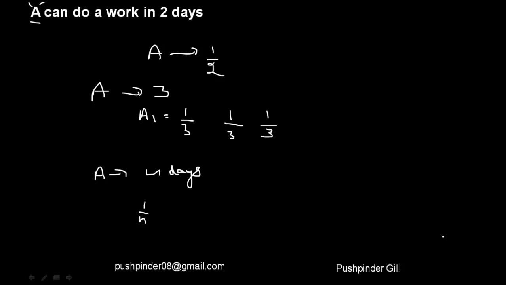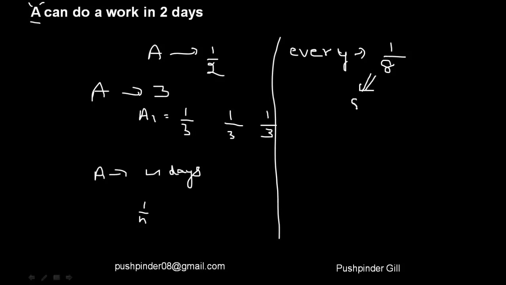You can also take it the other way around: if every day A finishes 1/8 of the work, that means it is going to take 8 days for A to finish all the work. So I hope this terminology is clear: if A can do a work in n days, he'll finish 1/n of the work every day in terms of fractions, and if A can do 1/n of the work every day, then he'll take n days to finish the job.